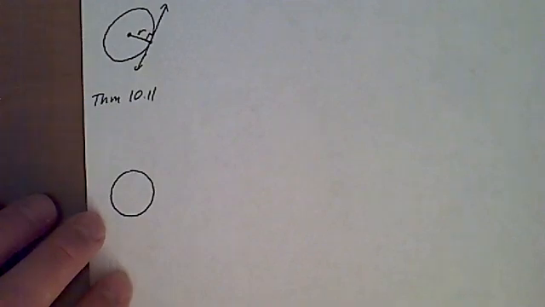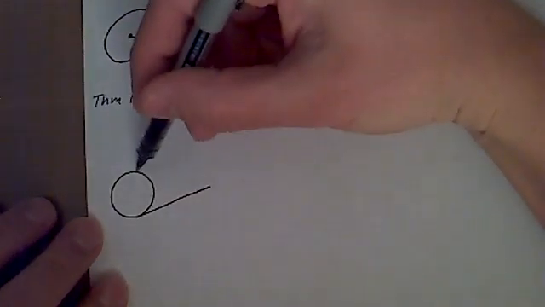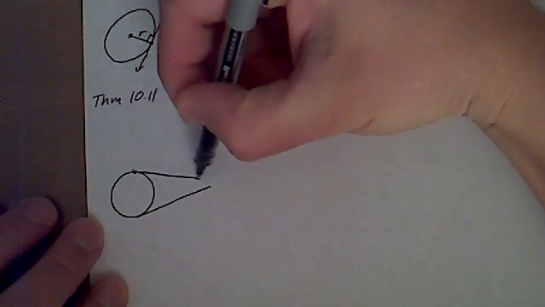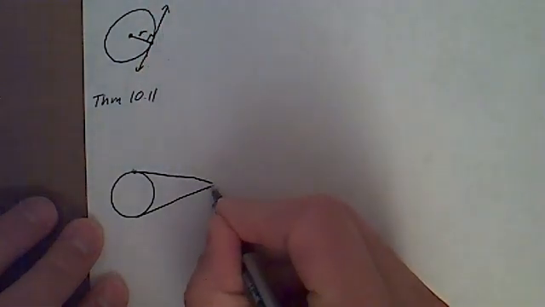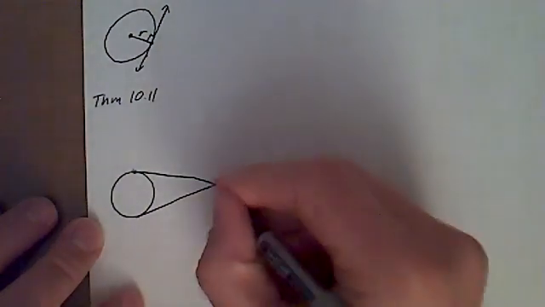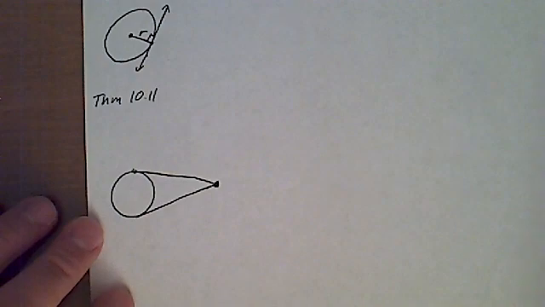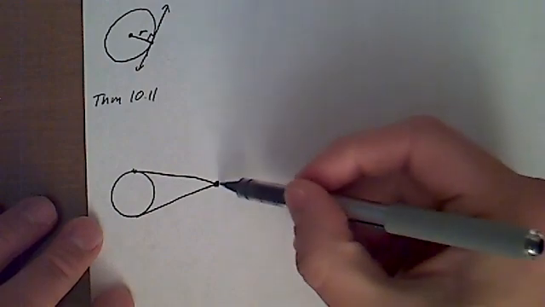If we have a circle and we have points of tangency coming from the circle, meeting at the exact same point outside of the circle, what is true in this diagram?